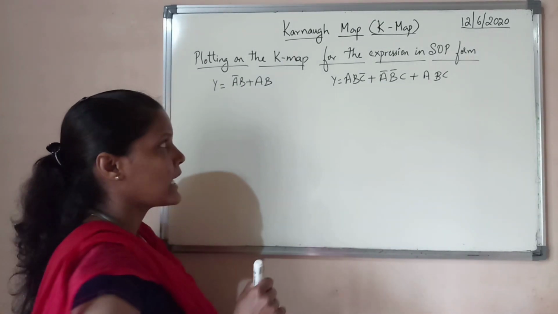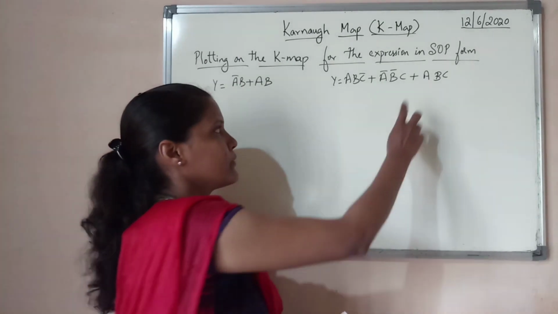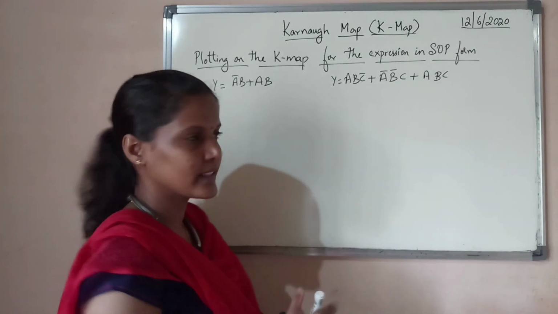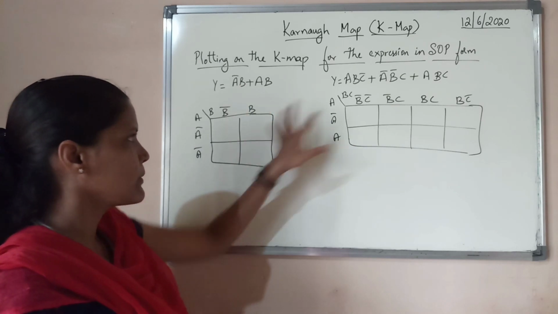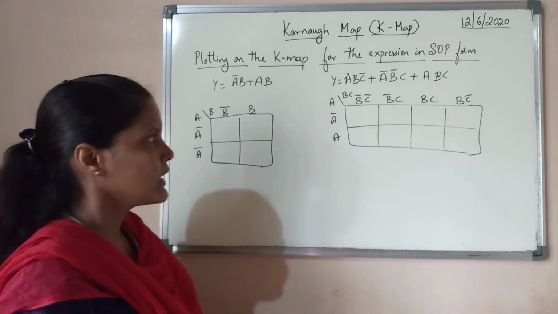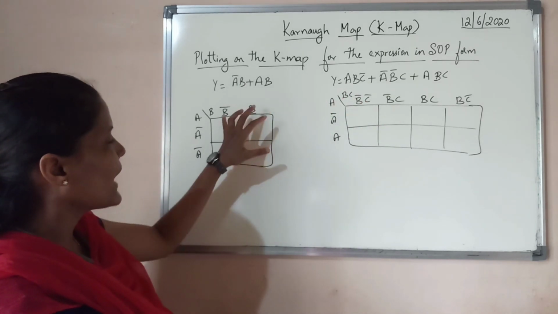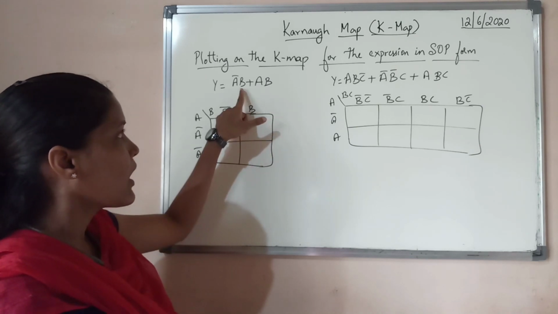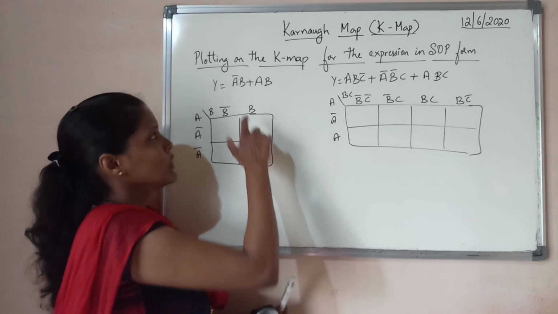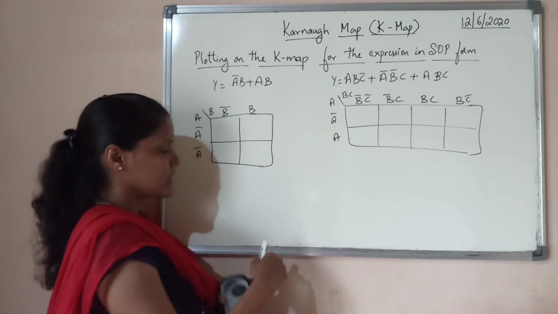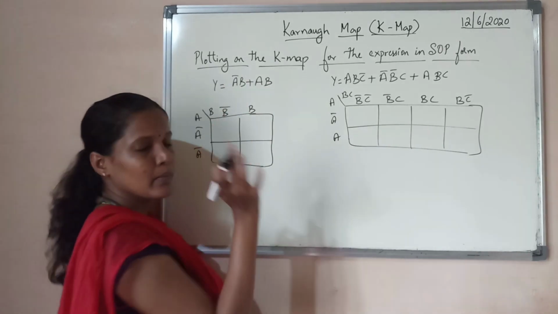For 2 variables I have to write 4 cells. For 3 variables I have to write 8 cells. Here I have already drawn the K-maps for 2 variables as well as for 3 variables. Now what you have to do is fill the given minterms into their corresponding cells. You have to identify the terms, A bar B and A B are given.